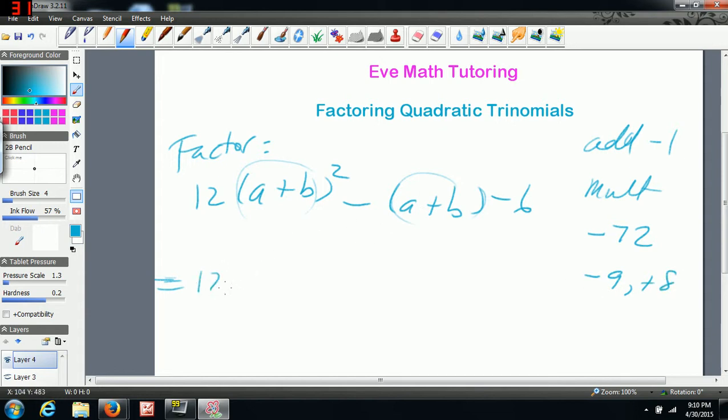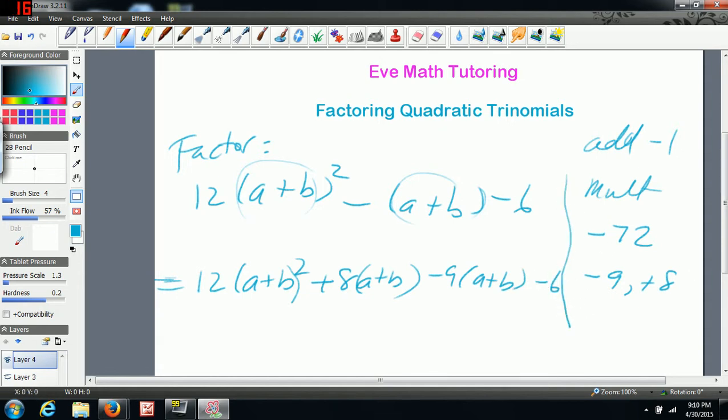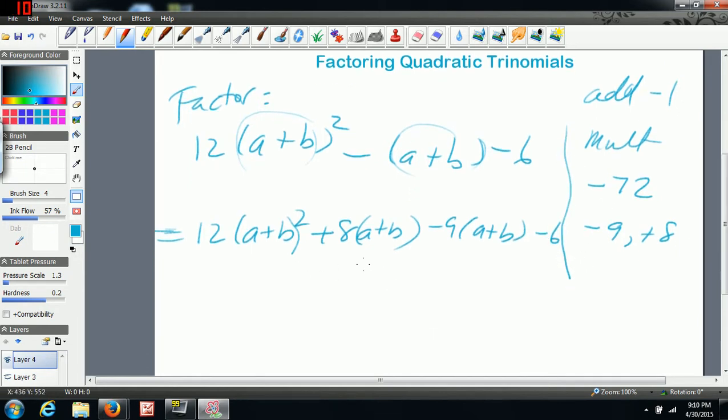So what you're going to do is you're going to go 12(a plus b) squared. Keep this in brackets. So plus 8(a plus b) minus 9(a plus b) minus 6. Okay, there. So now, at this point, what can you factor out from here?